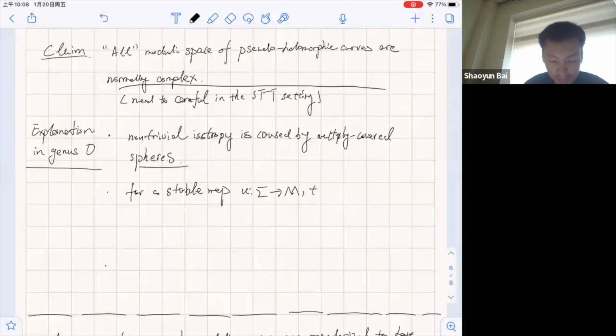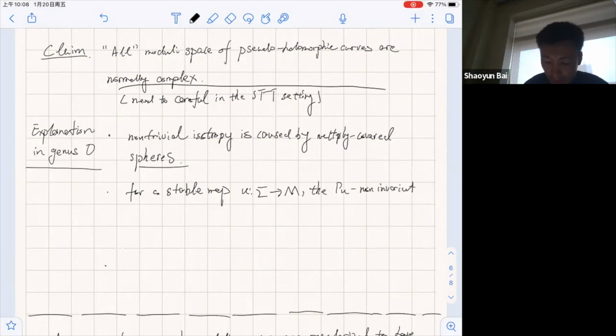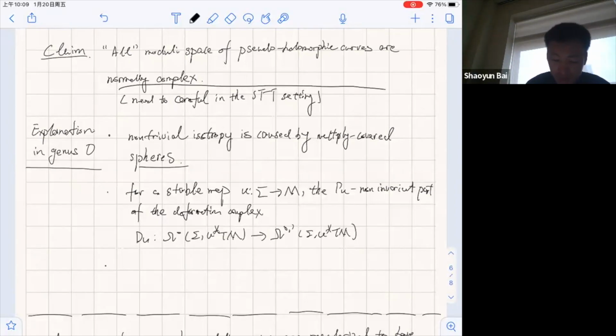Then my claim is that the gamma non-invariant part of the deformation complex, which I will schematically denote as du, coming from sections over this Riemann surface with values in the pullback tangent bundle of the target, mapping to (0,1)-forms taking values in the same bundle, comes from the spherical components.